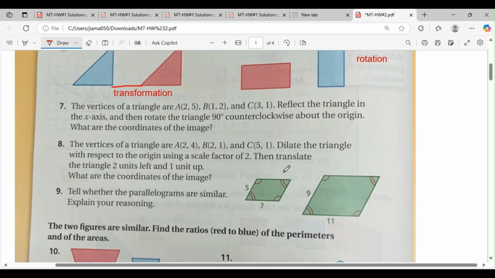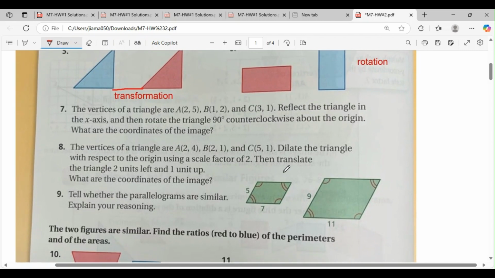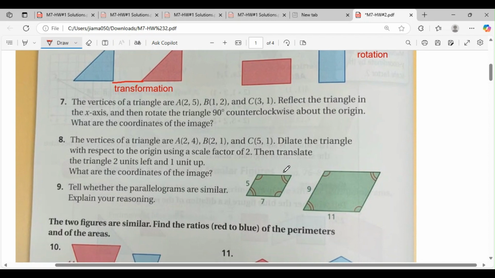Okay, next. The vertices of the triangle are A (2, 5), B (1, 2), and C (3, 1). Reflect the triangle in the x-axis and then rotate the triangle 90 degrees counterclockwise about the origin. What are the coordinates of the image?